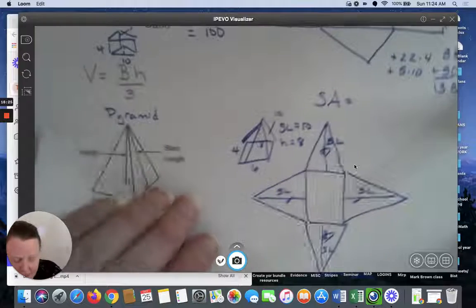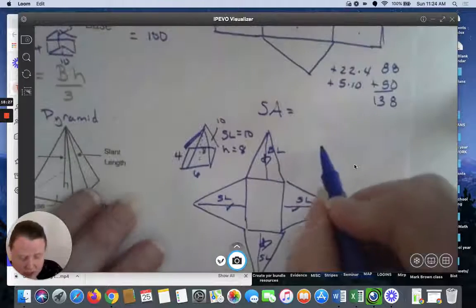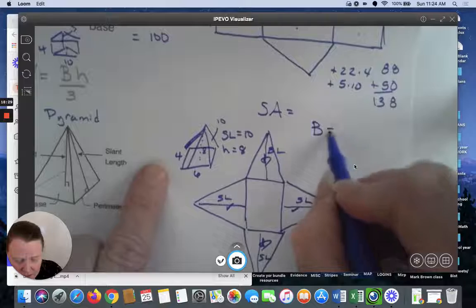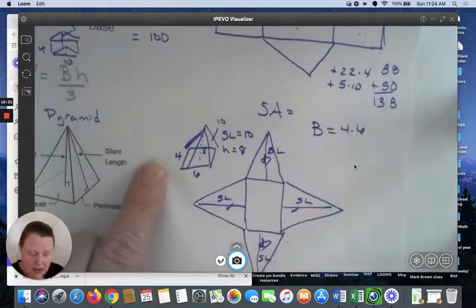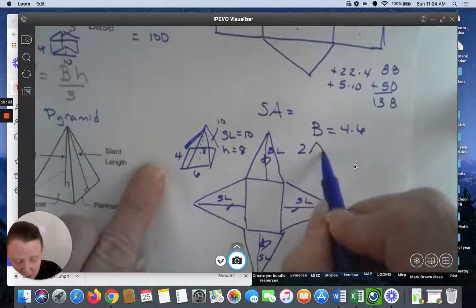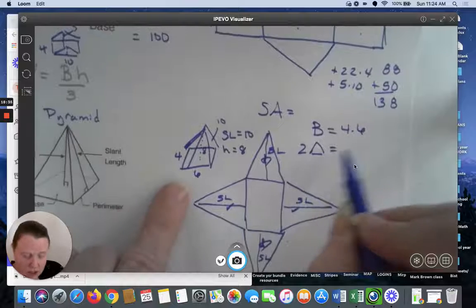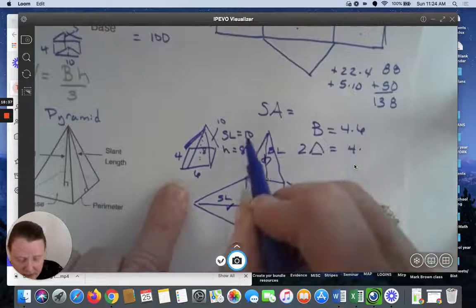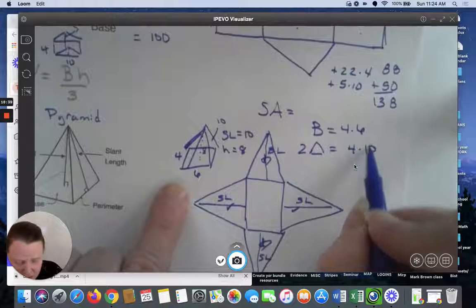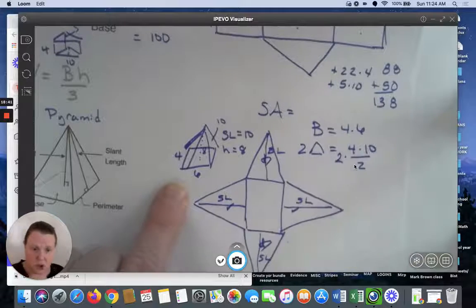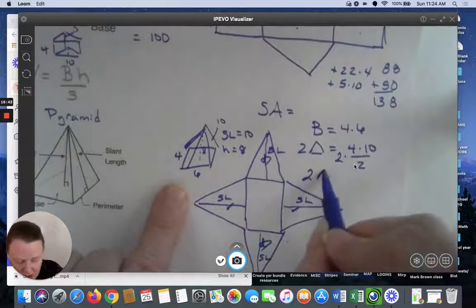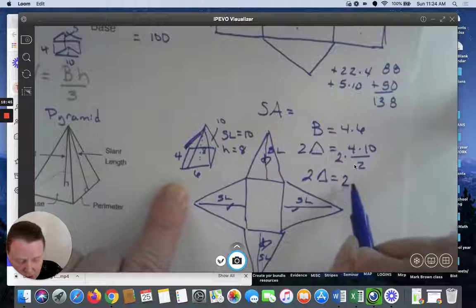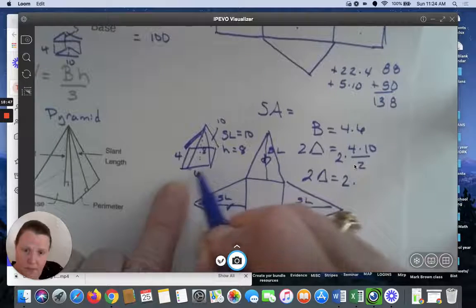I would do the area of the base, which in our case is a rectangle, which would be 4 times 6. So that's easy. And then I would do the 2 triangles that have the base of 4. So I would have 4 times the slant height of 10 divided by 2. And I'm going to multiply that by 2 because there's 2 of them. And then again, I would do the other 2 triangles, which would be 2 times the base of 6.